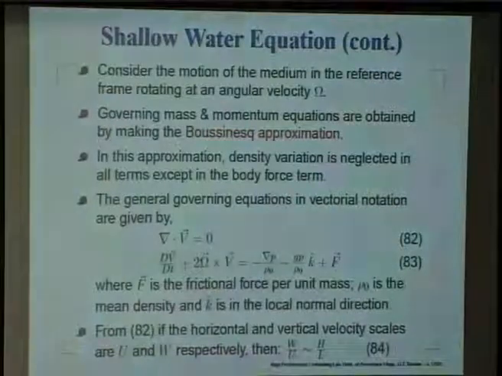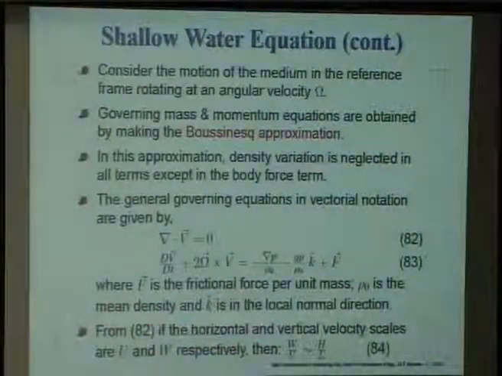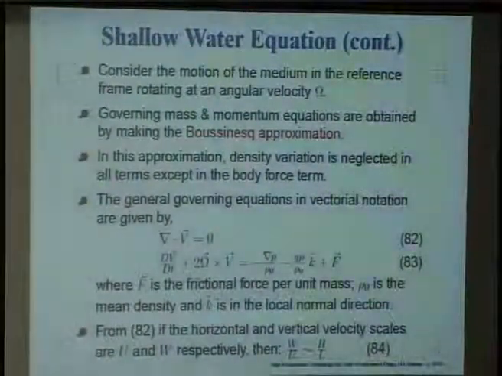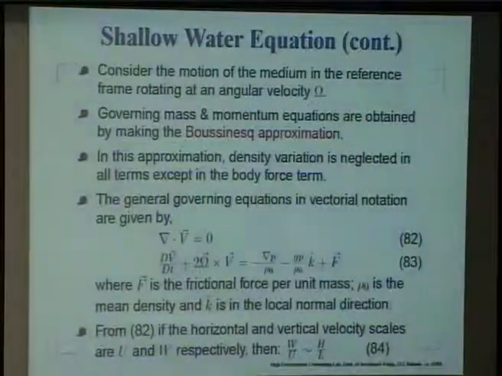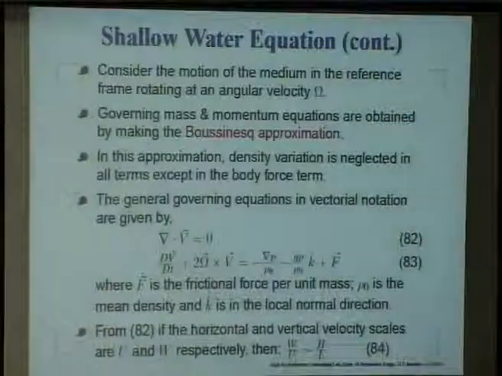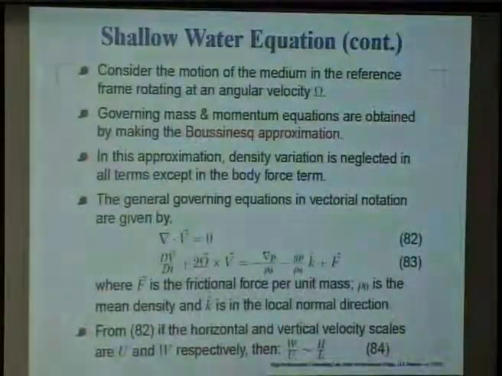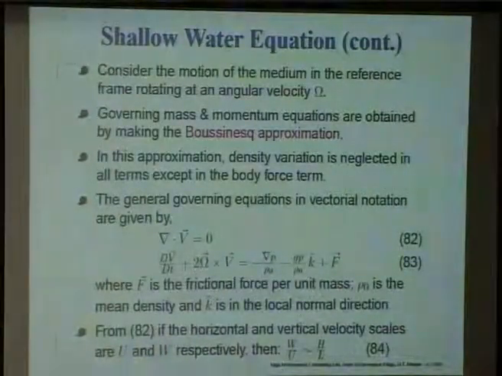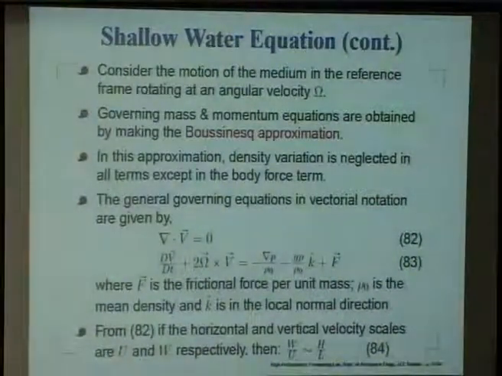What is the Boussinesq approximation? In this approximation, you neglect density variation everywhere except in the body force term. As a consequence, if I neglect the density variation, mass conservation gives us this, which is like what we have for incompressible flow, del dot V equal to 0, whereas the momentum conservation equation we are writing in a rotating frame of reference.